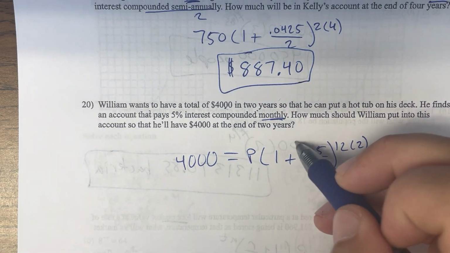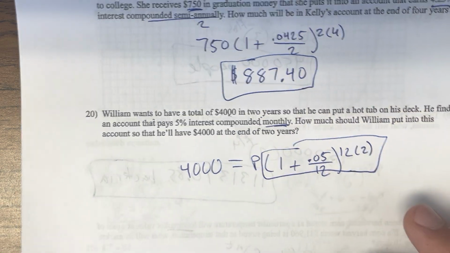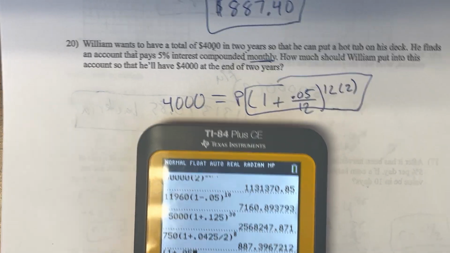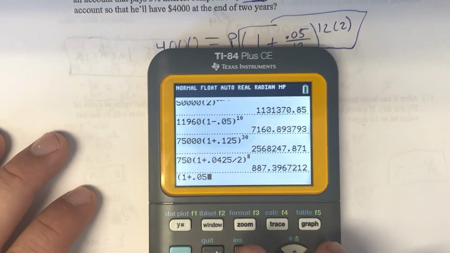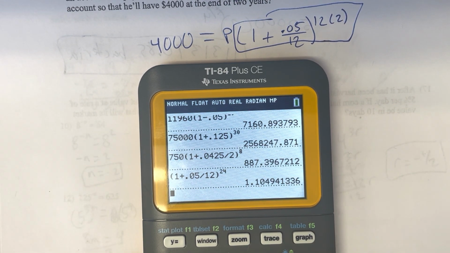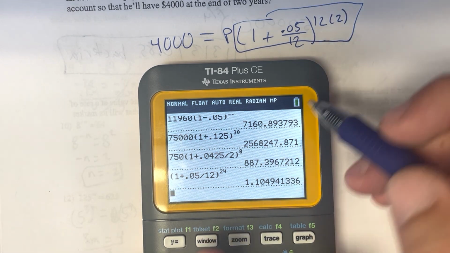So on this one, we're going to put this in our calculator to start off. And so 1 plus 0.05 divided by 12 raised to the 12 times 2, which is 24. And so we have the P times that.